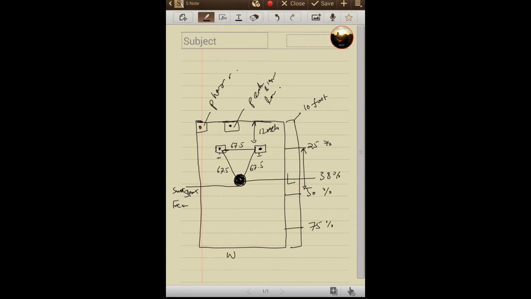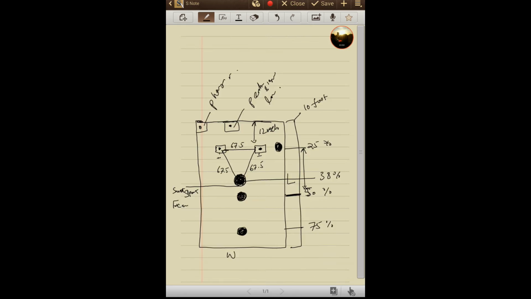of the listener. Now, I said why we don't place the listener somewhere here in the 50% region, or somewhere here at 75% or 25%. I'll explain it to you.